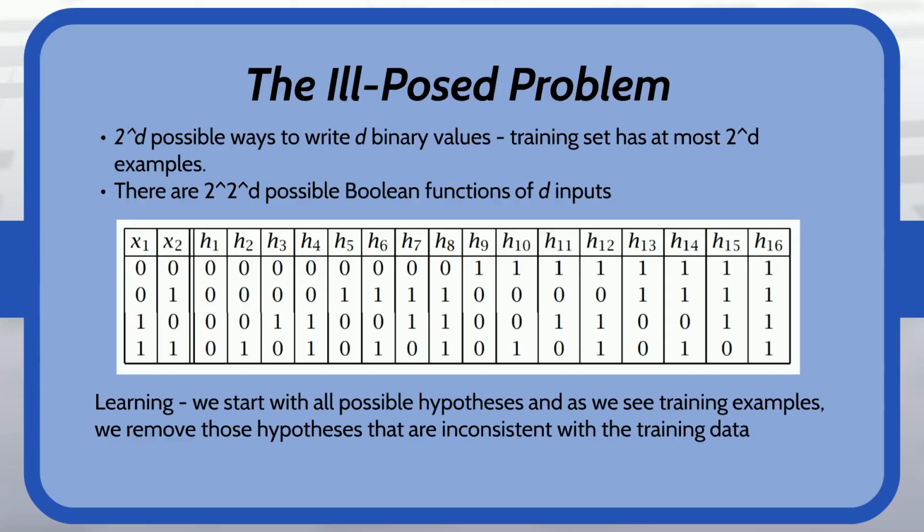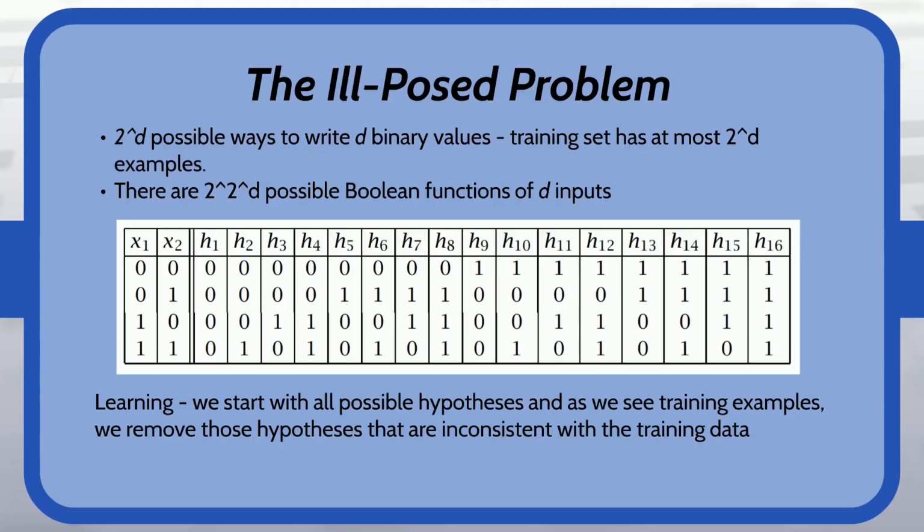So the process of learning is where we start with all the possible hypotheses, the 16 you have here, and as we see training examples, we remove those hypotheses that are inconsistent with the training data. Let's say we had the example point 0, 0, the first one in our chart here, and its output is supposed to be equal to 1.